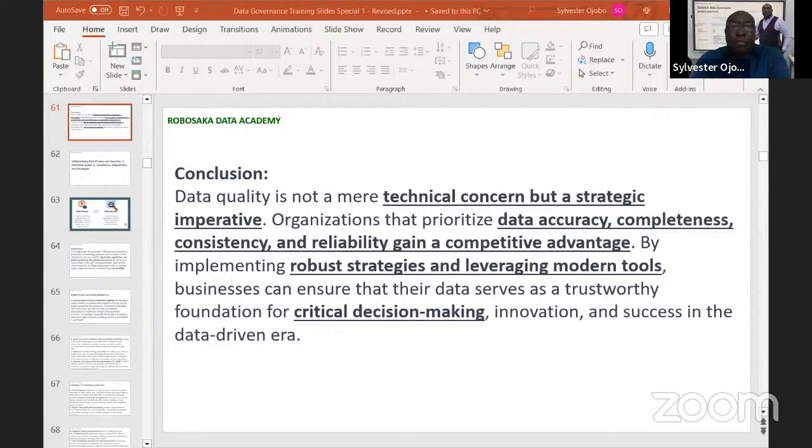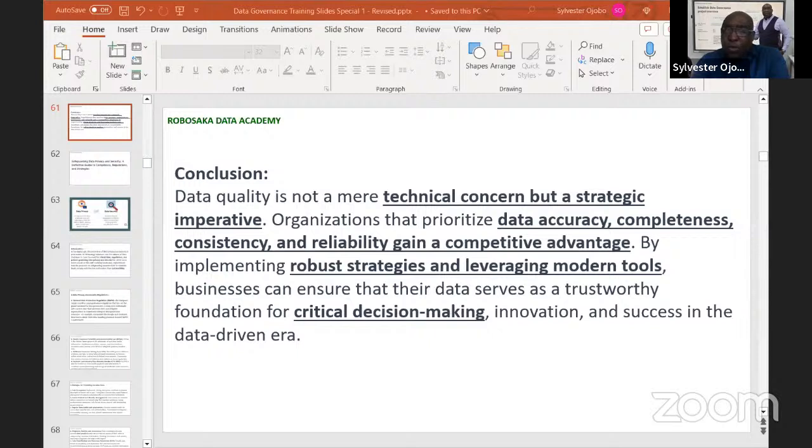Like you can say, ensuring top-notch data quality is not just about technicalities. It is a strategic necessity. Enterprises or companies that make the accuracy, completeness, consistency, and reliability of their data a priority gain a competitive edge over their rivals.